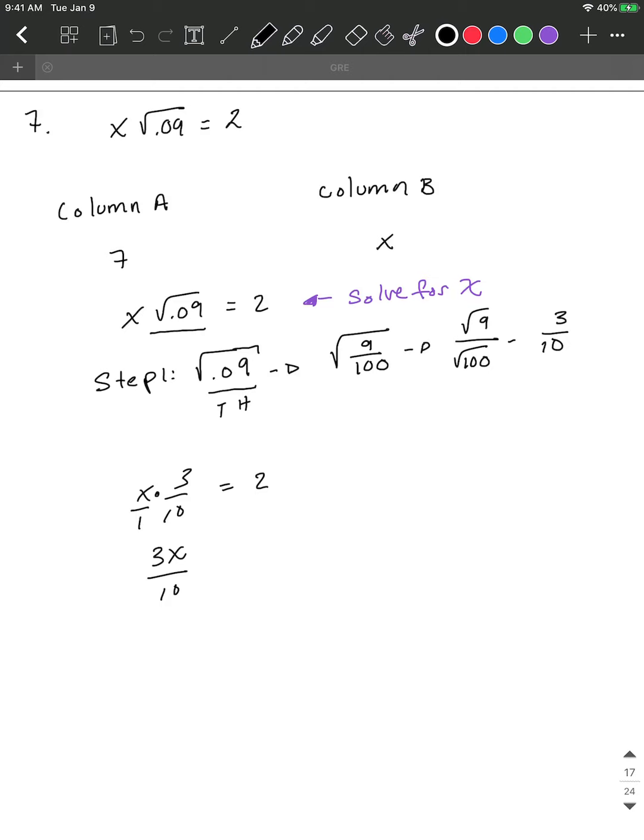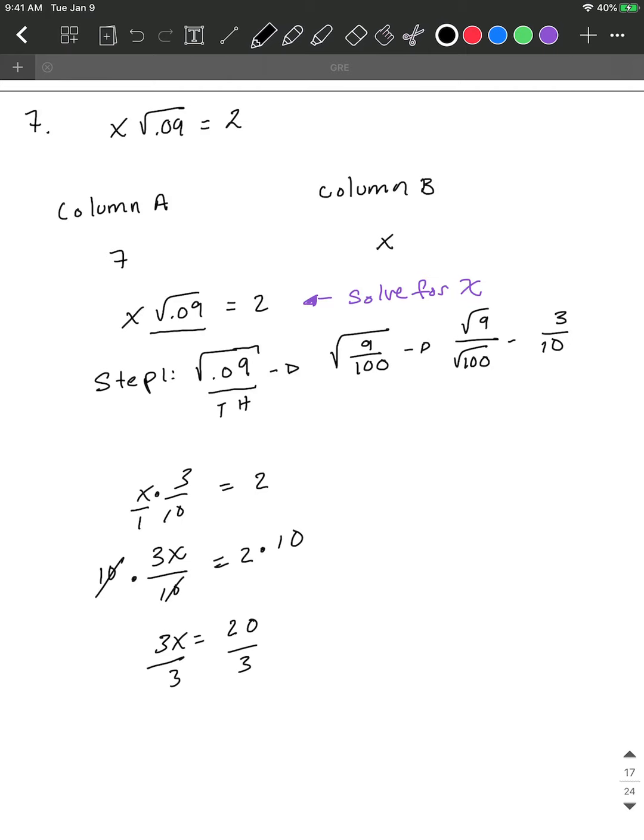The easiest way to solve this would be to take its reciprocal. But in case you want to see it done more, you multiply by the denominator to cancel it, which gives you 20, and then divide by 3.